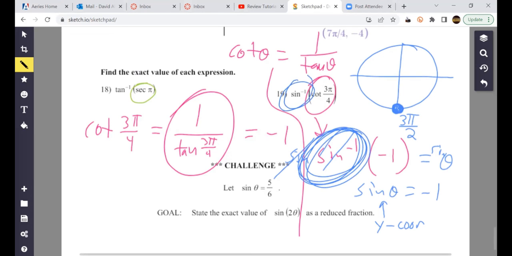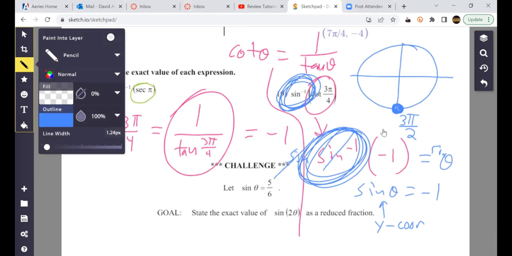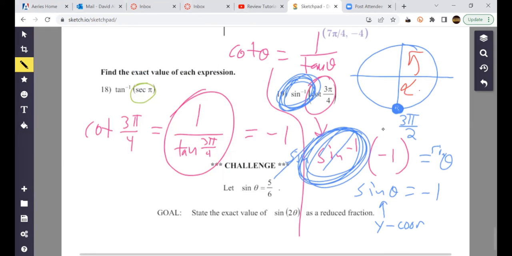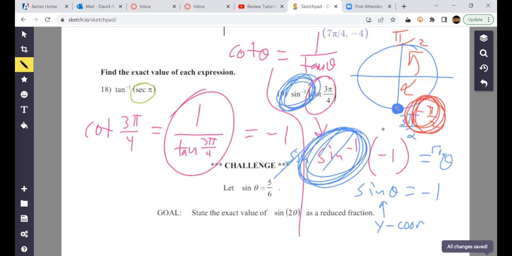The original problem said sine inverse. And when it's sine inverse, your answer has to come from there and there, where this is pi over 2, and this is called negative pi over 2. So this guy is the appropriate name for the angle that takes you here, which is why the answer key for 19 says negative pi over 2.